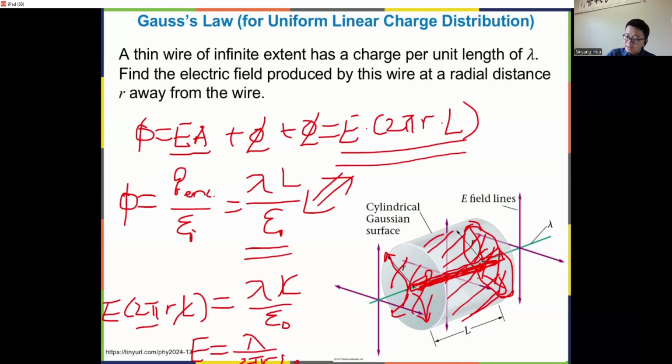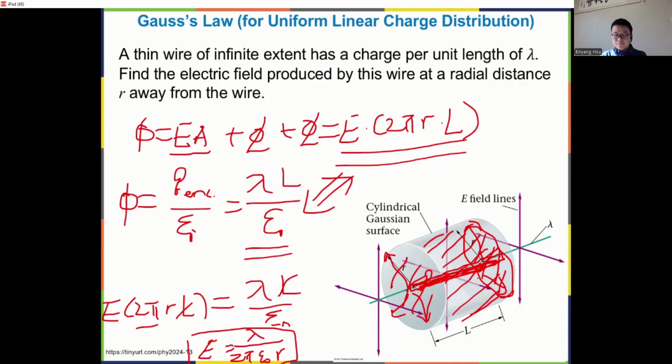Let me see if I can write it a little bit better. So E is equal to lambda over 2 pi epsilon naught times R. Okay, that will be the electric field at the end.